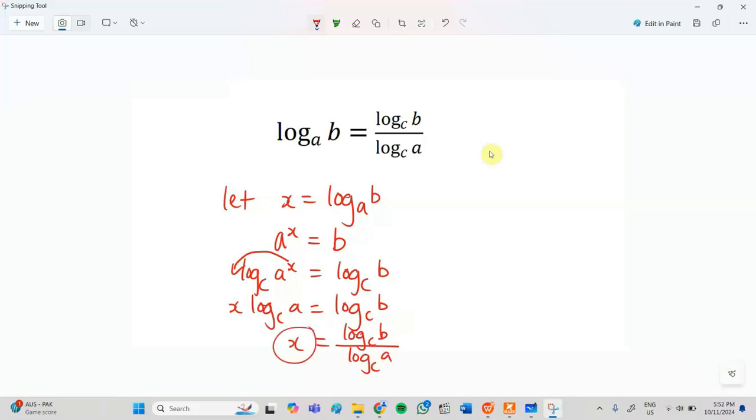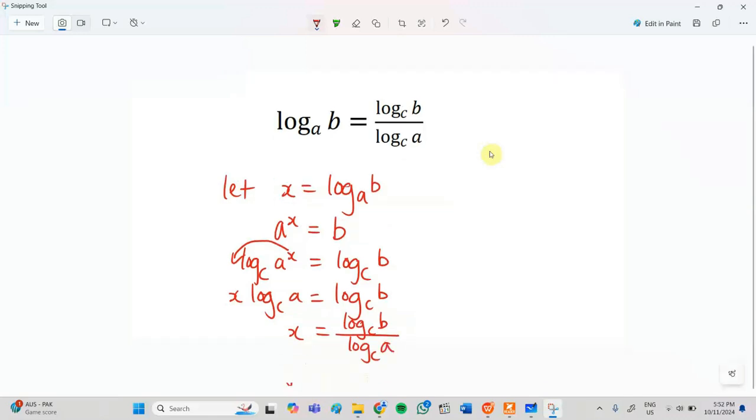And remember, what is our x? X is log base a of b. And since x here is this, we rewrite the last step here as log base a of b equals to log base c of b over log base c of a.